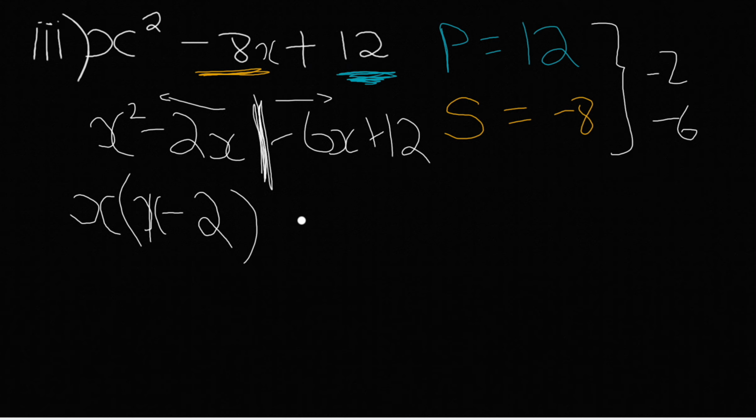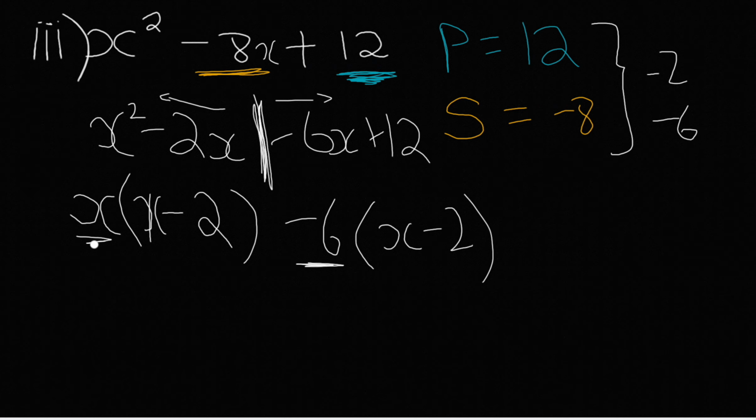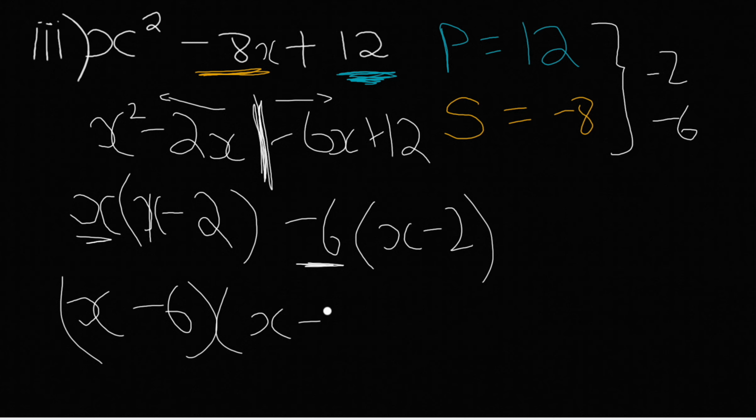And then this one becomes, here the common factor is negative 6, right? Negative 6 times x minus 2. So negative 6 times x is negative 6x, and negative 6 times negative 2, that's plus 12. So here we take this and this, the x and the negative 6, and it becomes x minus 6 and x minus 2.